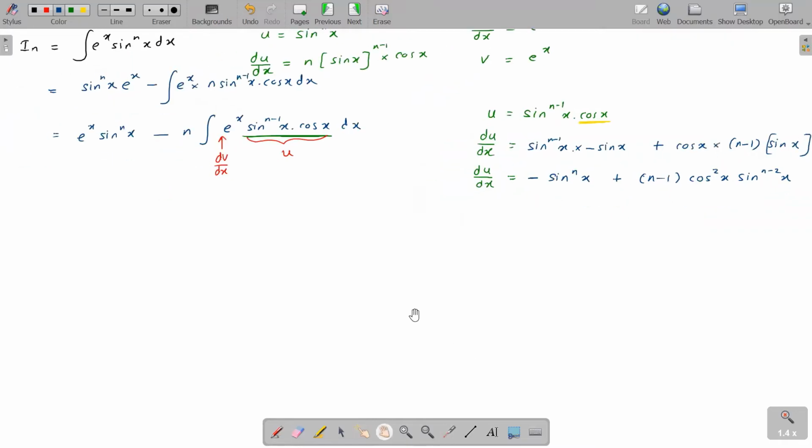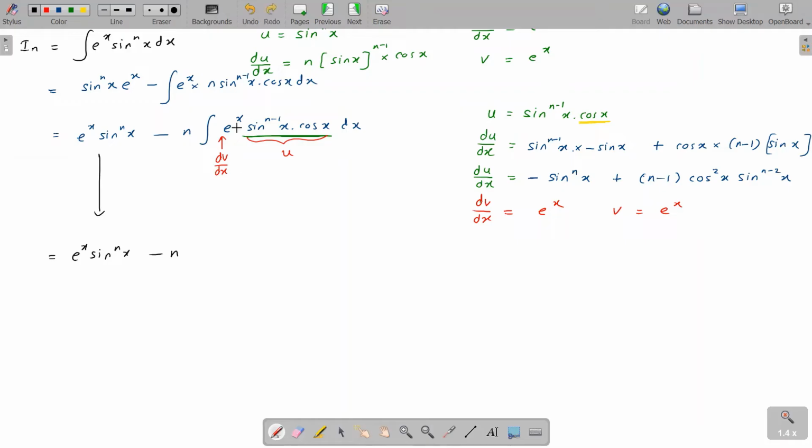Okay, so let's keep the integration by parts. dv by dx is e^x. So what happens when you make it v? The integration of e^x is e^x, there's no change. So shall we now apply the integration by parts rule? I'll take it a little bit down because I won't have enough space otherwise. e^x sine to the power n x stays, while here n times, I'll open a large bracket.